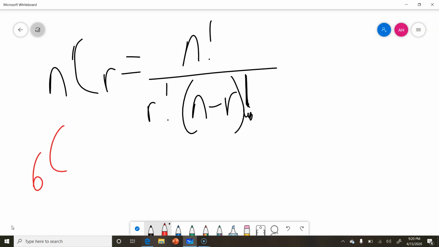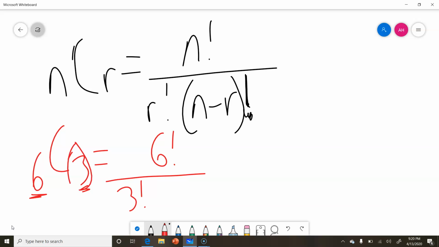What we're going to do here is this 6 is n, so it goes on top, 6 factorial over, what is r? r is 3, so I just go 3 factorial. You see that 3 took the place of that r. Then I do (6 minus 3) factorial.